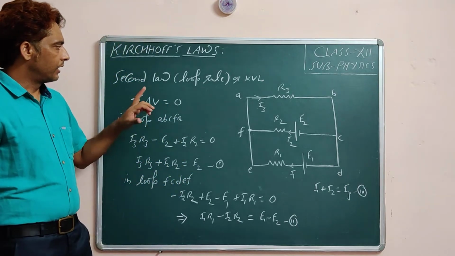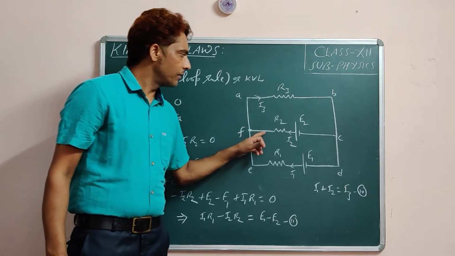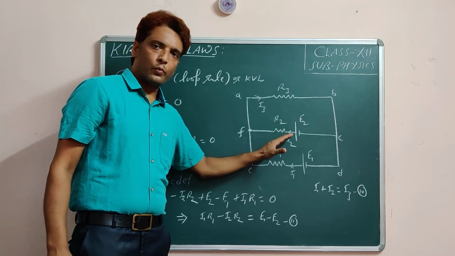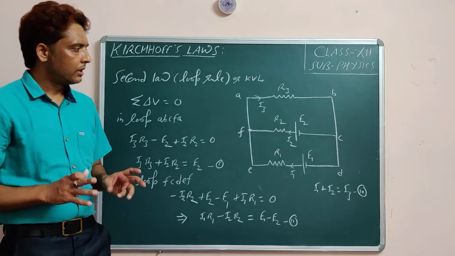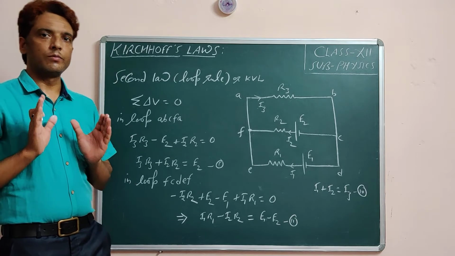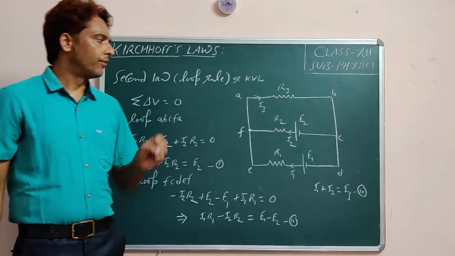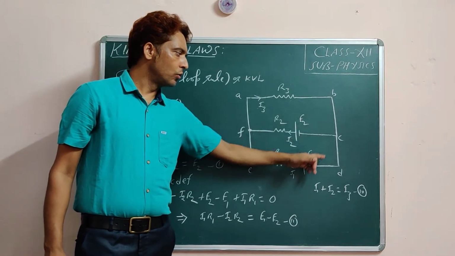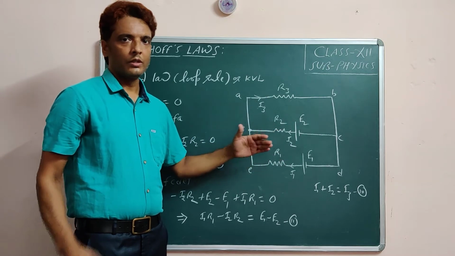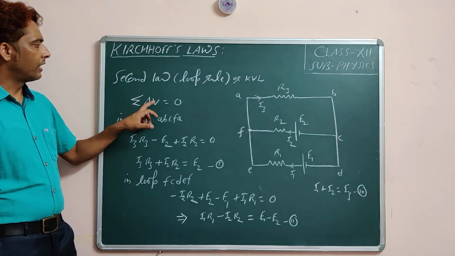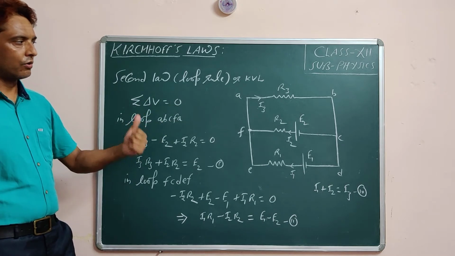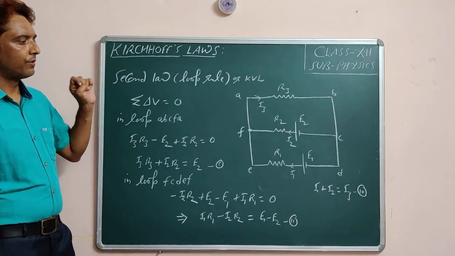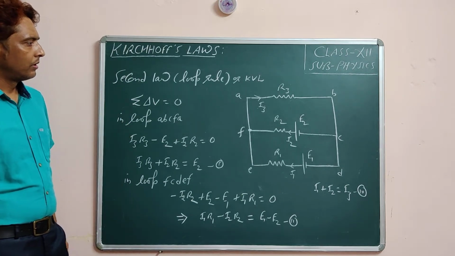As we said that the algebraic sum of change in potential across different components in a closed loop in any network is 0, because this electrostatic force is conservative force and the work done in moving a charge along a closed loop is 0. That's why this sum of del V is equal to 0. So it is based on law of conservation of energy. So this is about Kirchhoff's first law and second law.